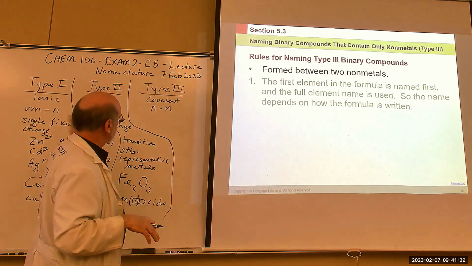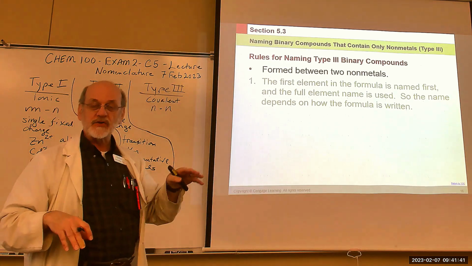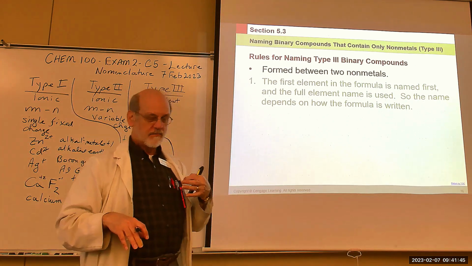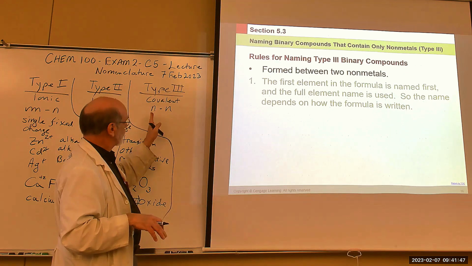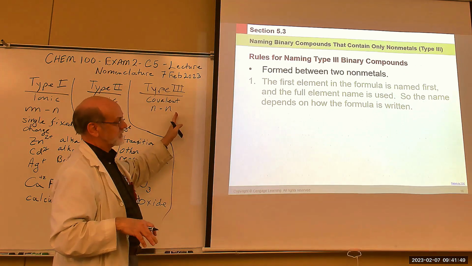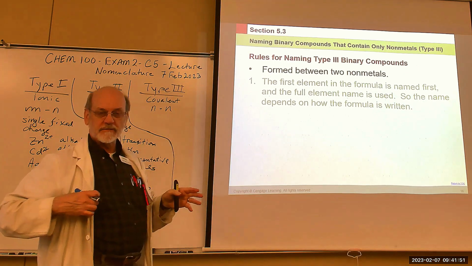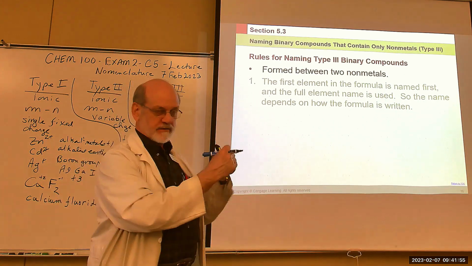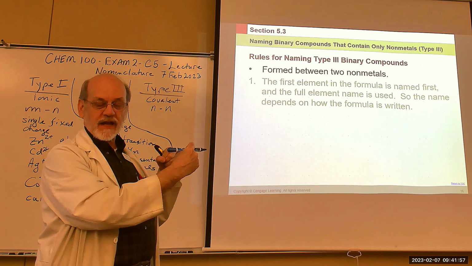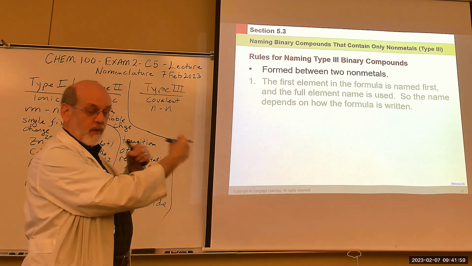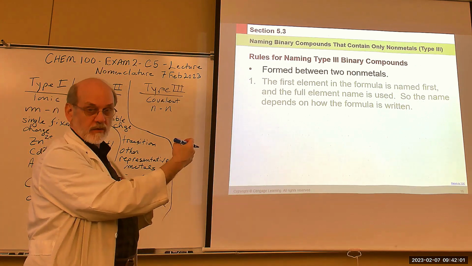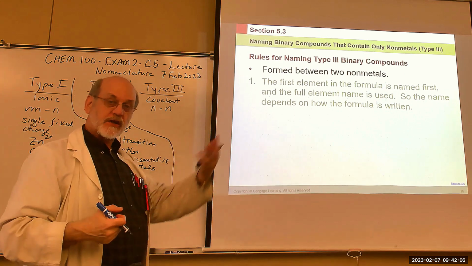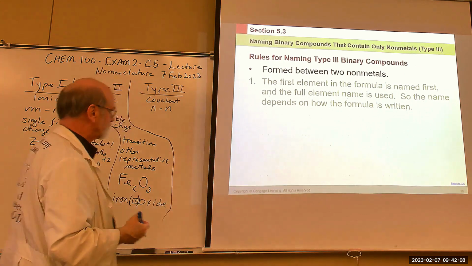But we're going to borrow from the type 1, type 2 compounds and put one of them first and one of them second. If you have two non-metals, the first element in the name is nearly always the one to the left or below, left and below, because it's closer to the metals.